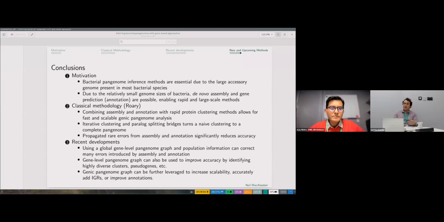In Panaroo, during the graph correction steps, we look at the graph and we say, oh, these two genes are always in the same place, and do they look similar at lower thresholds? So we go through the graph and we find each location where there's lots of genes in the same place, and we say, do these genes actually look similar at a much lower clustering threshold, which is specifiable by the user?